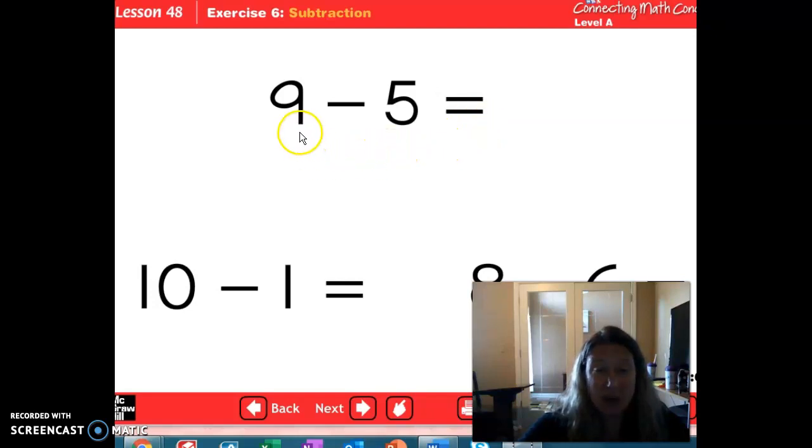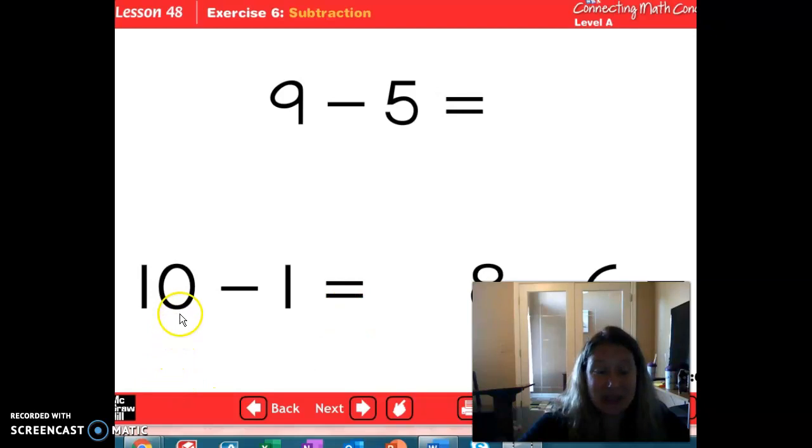The first thing I'm going to do is, these are takeaway problems. I'm going to have you read the takeaway problems. Let's read the first takeaway problem. And it says what? 9 take away 5 equals. Read the problem. Okay. Next problem. It says 10 take away 1 equals.